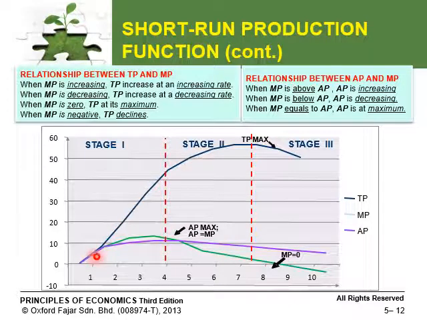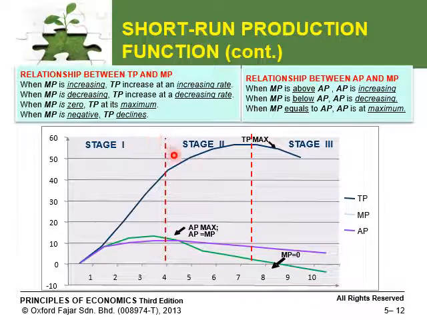Marginal production will increase, as does the average production, represented by the purple color over here. So how does stage 1 end? Stage 1 ends the moment marginal production equals average production.